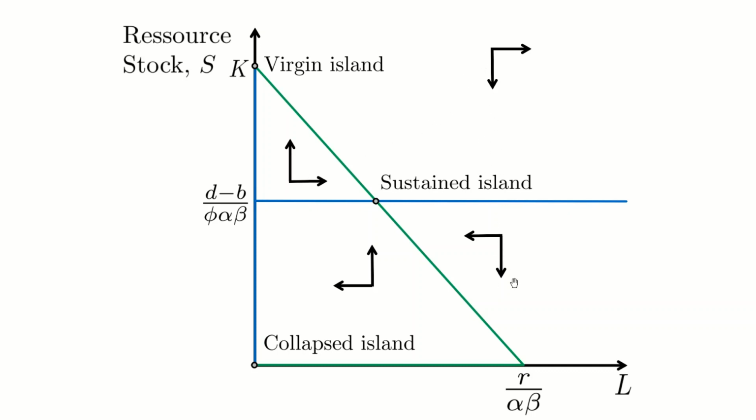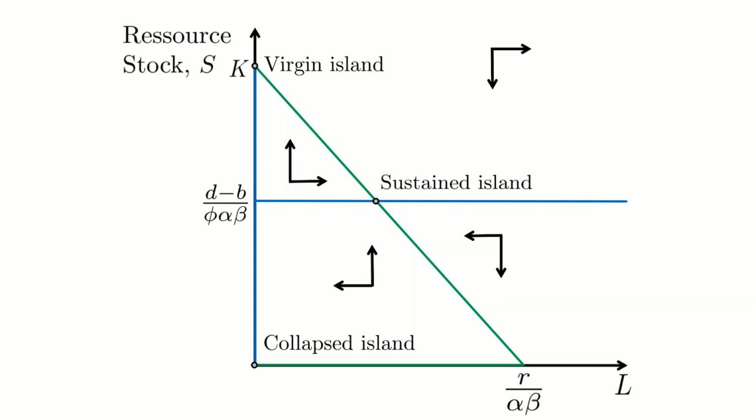Likewise, all arrows crossing the green line will be horizontal since at that point resources are stable. We can already guess that the general movement around the steady state may look something like a circle, but its specific convergence will depend on the specific values of the parameters. To gain more information, we must either use numerical simulations or solve the differential equations explicitly, which may prove tedious for such a complex model.